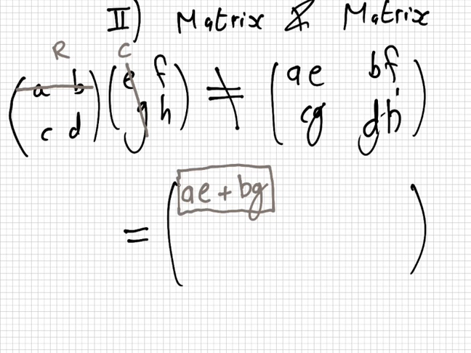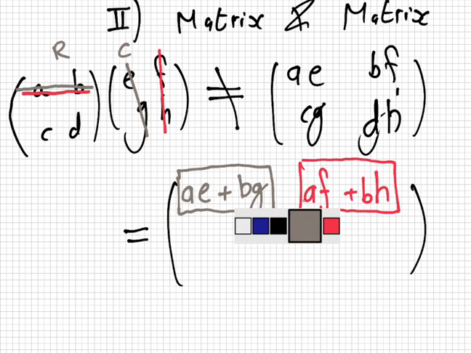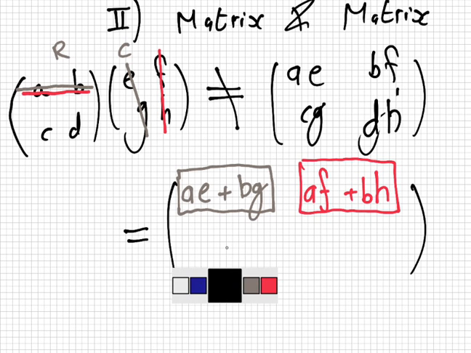Now the next one, do it in red. First row and second column. So that would be AF plus BH. That's the next one.